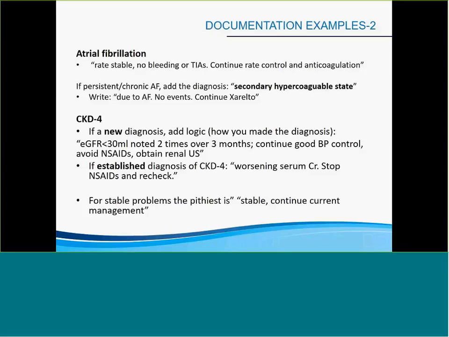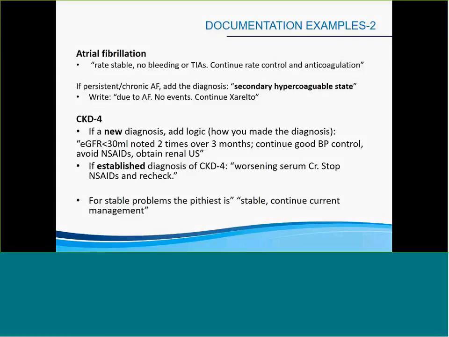More quick examples: atrial fibrillation, rate stable, no bleeding or TIAs, continue the strategy of rate control and anticoagulation. I use that one every day in practice. And then I add secondary hypercoagulable state once a year, and we will point you to this. CKD4, you have to sort of remember, and we'll help you with this.